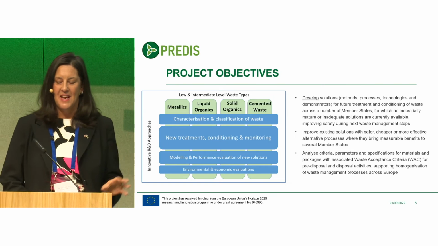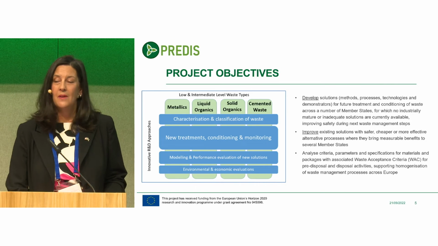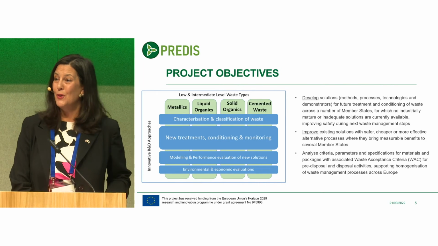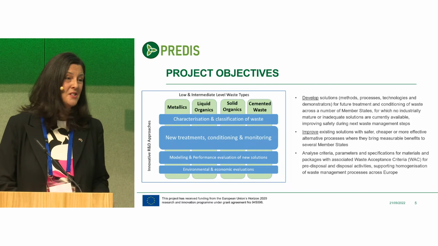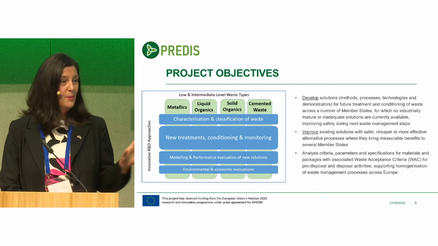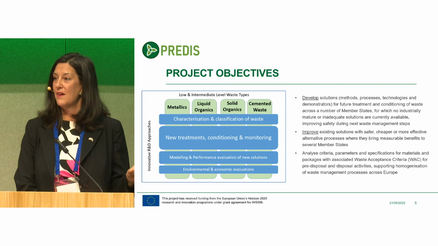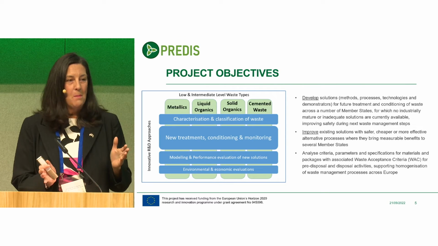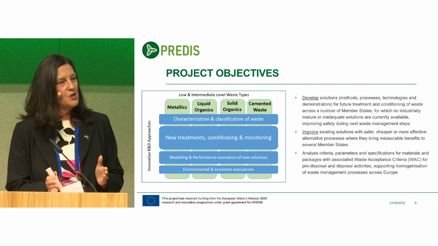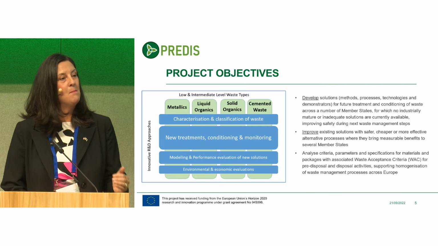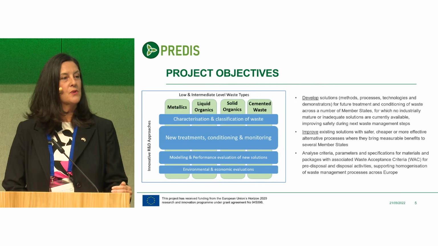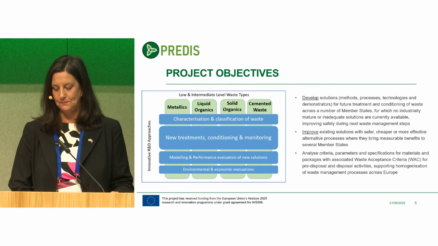So that sets the stage of what we set out to do, and we admit there are many other things we could have done. We didn't, for instance, touch graphite, because there are other initiatives on that, and we recognize it's important. But when we needed to bound the project, we took these topics, where we thought we could make the greatest impact with this budget, the consortium and the time schedule that we had.